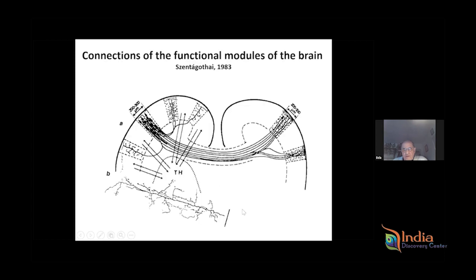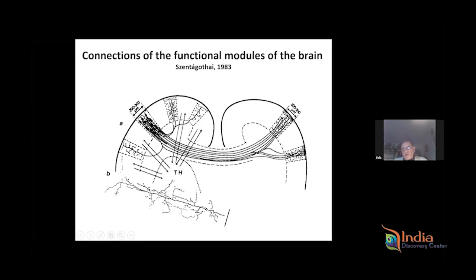So he also made a sketch, in which he thought that this functional module, which has a column diameter of about 200-300 micrometers, has a very versatile connection with the other functional columns in the same hemisphere, and it even goes to the other hemisphere.